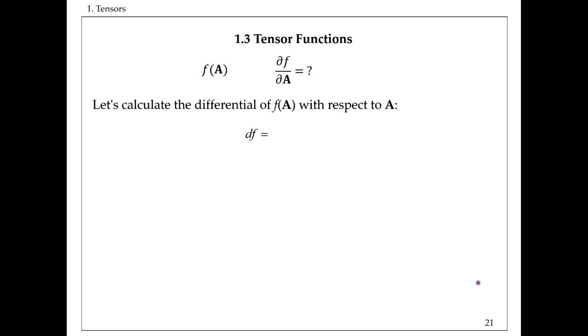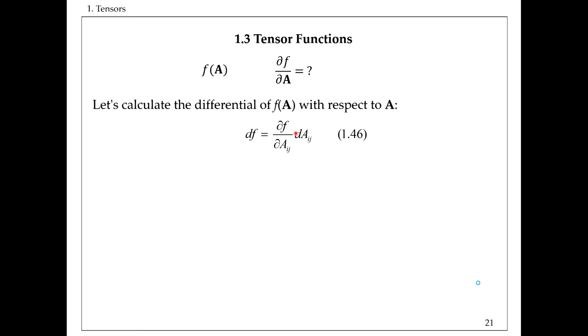We write df, and then we have the partial derivative df/dA_ij, multiplied by dA_ij, and these are, of course, the components of the differential, or change, in the tensor dA.